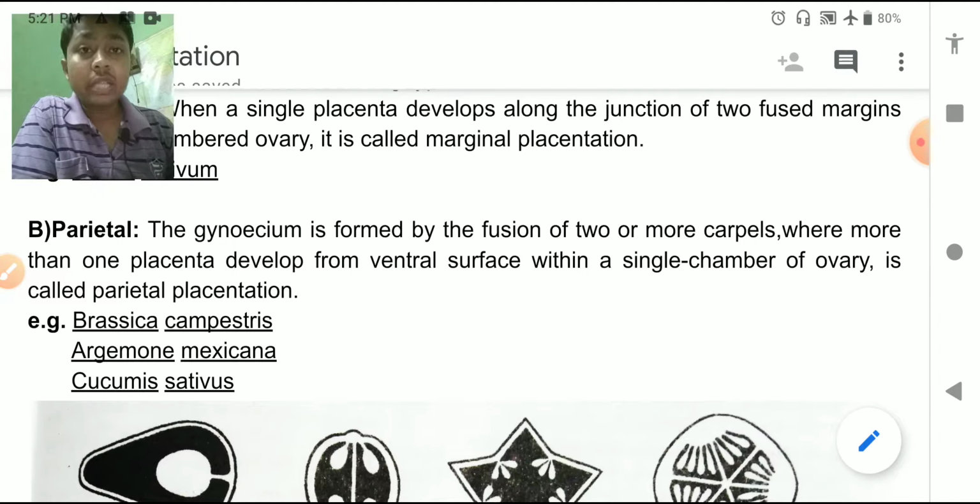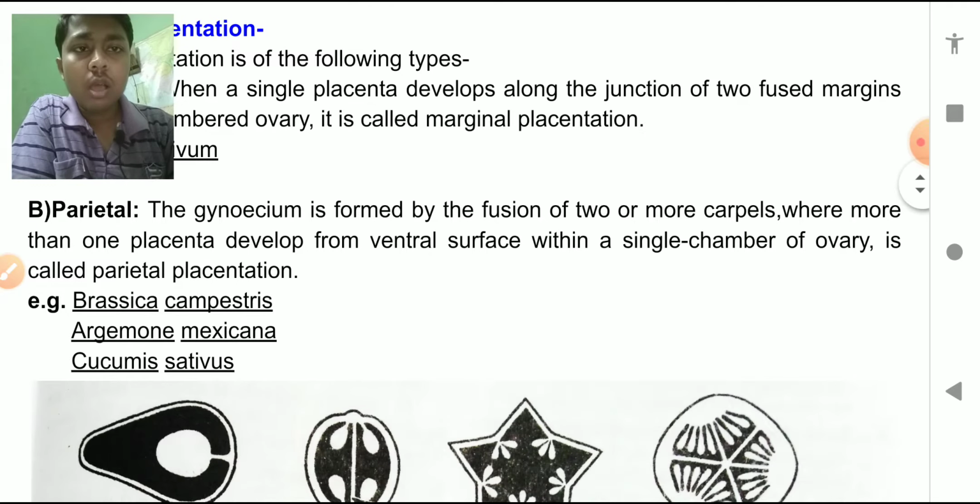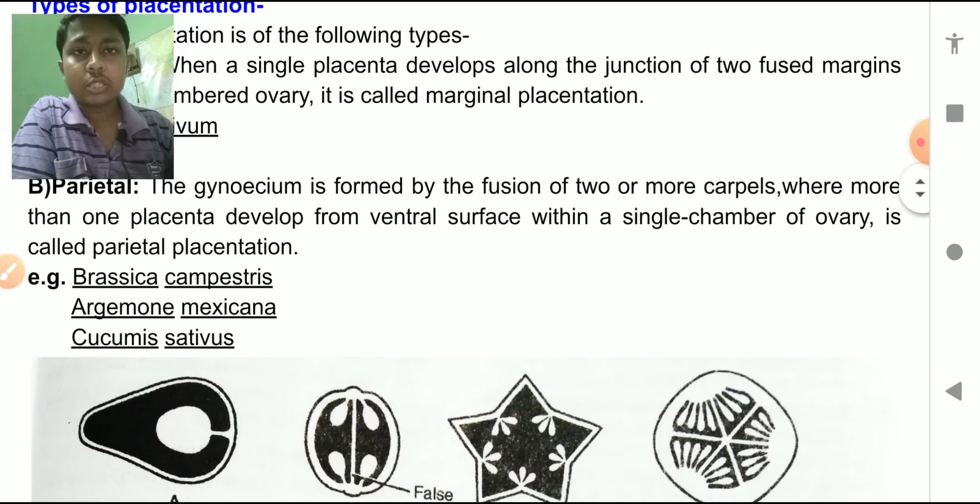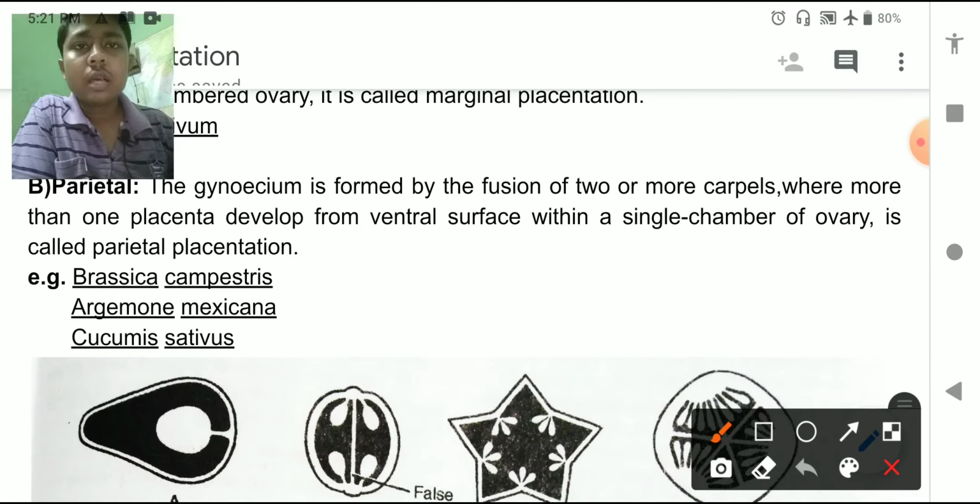Why is it called parietal? Because the placenta, meaning the ovule, comes from the parietal region of the ovary. Now look at the picture. The gynoecium is formed by the fusion of two or more carpels. Here, one carpel and two carpels fuse, and the gynoecium is formed.